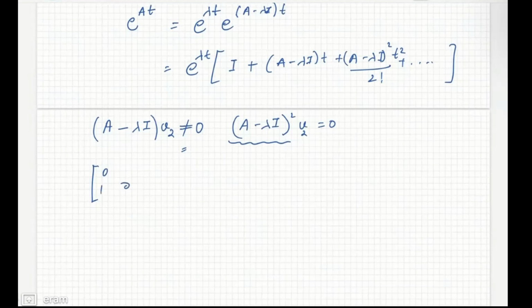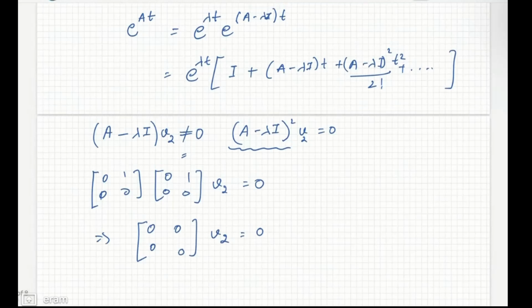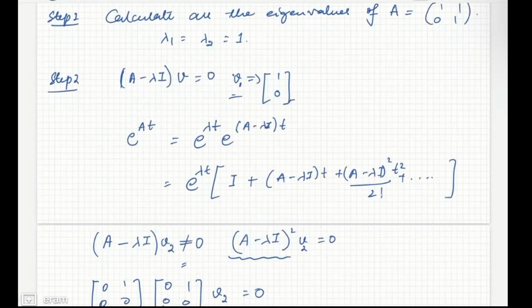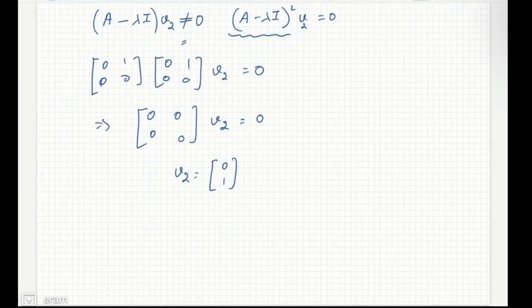It will be 0 0 0 1 into 0 1 0 0, into v2 equals 0. So this is nothing but a 0 matrix, and the vector v2 we have to find out. That means the elements of v2 are arbitrary. We can choose any v2, but it must be linearly independent of v1. So what choice can we make? 0 comma 1. Yes, so v2 we can take as 0 1. So these are our eigenvectors.